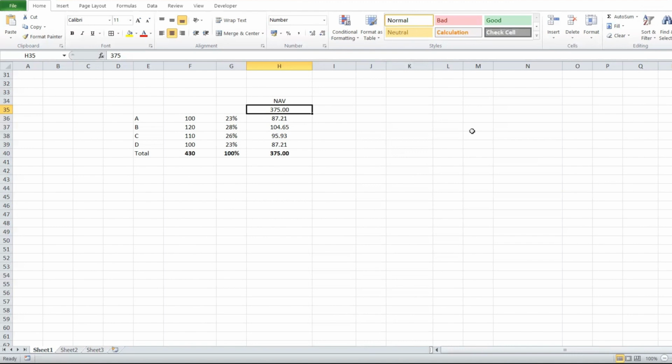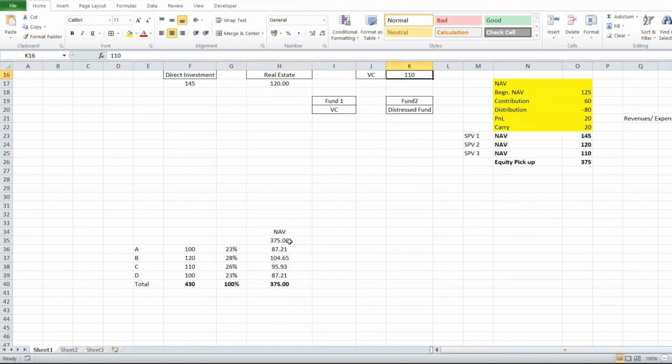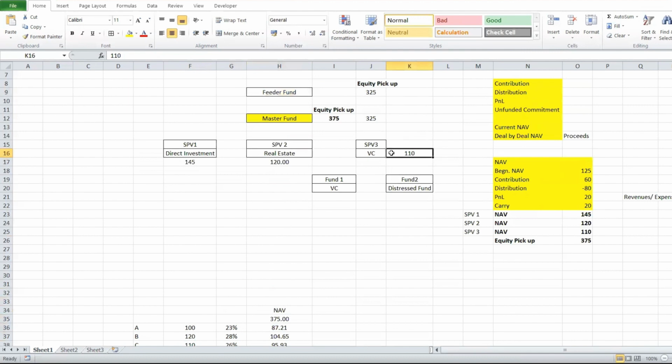That's called your equity. Here we have invested 430 and I'm getting 375 as proceeds. So whether you say equity or NAV, both are the same.